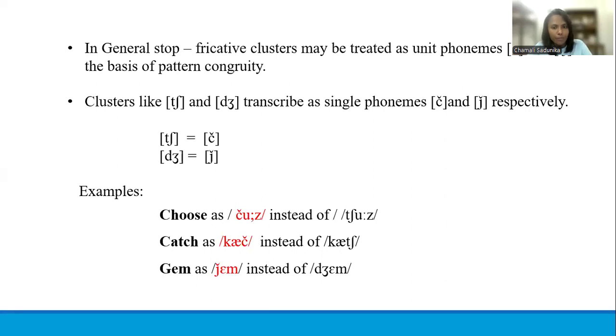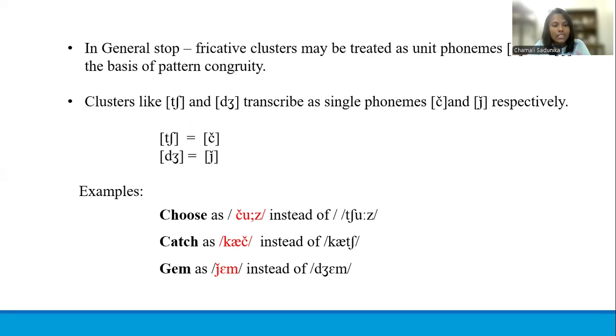In general, the list of affricate clusters may be treated as unit phonemes, /tʃ/ and /dʒ/, on the basis of pattern congruity. So we know what the list of affricates is. The clusters like /tʃ/ and /dʒ/ are transcribed as single phonemes, respectively. This means a voiceless post-alveolar affricate.